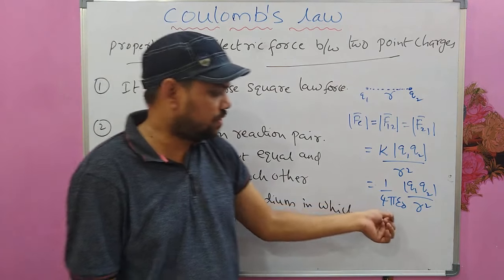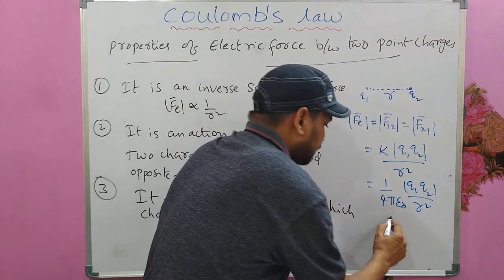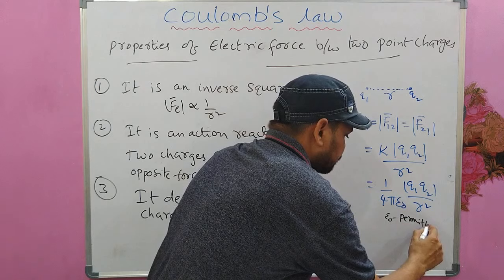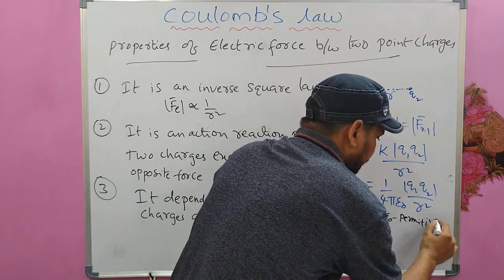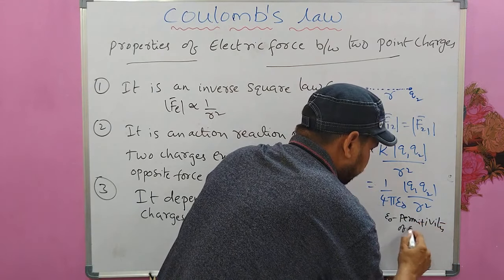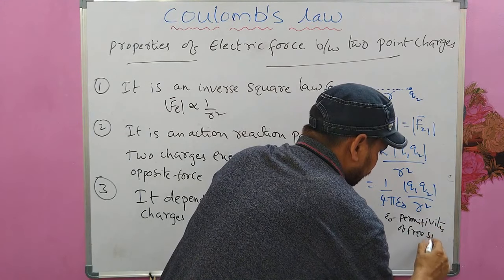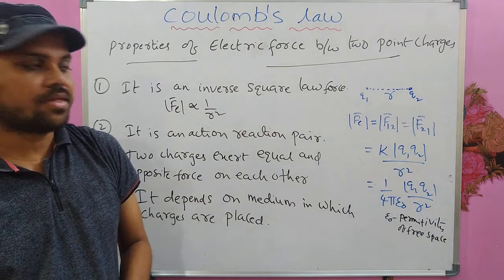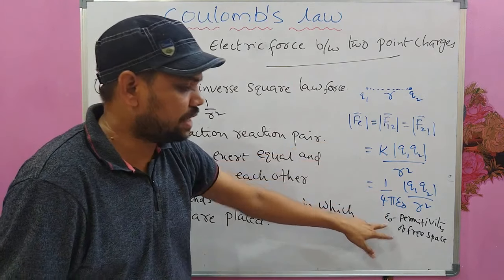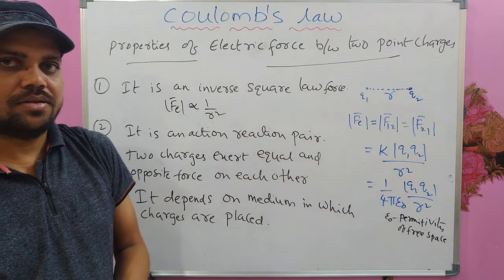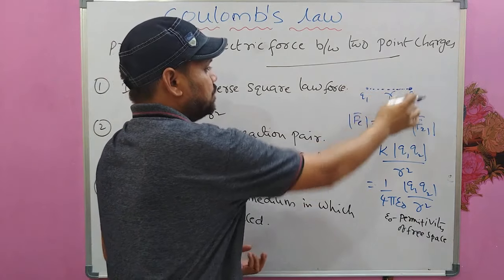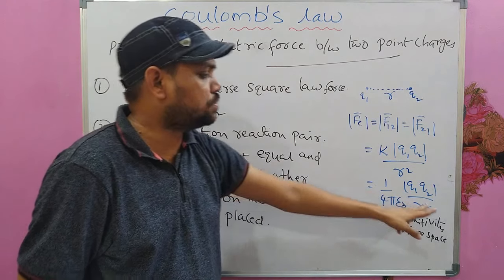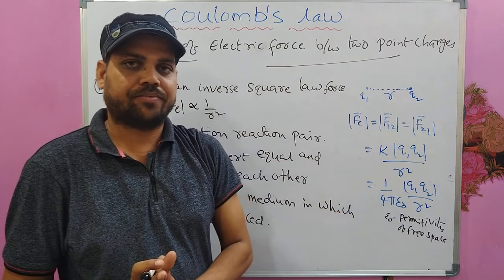If you observe this equation, epsilon naught is the permittivity of free space, which is vacuum. It is depending on epsilon naught, which means if these two charges are placed in vacuum, then this is the expression for the force.